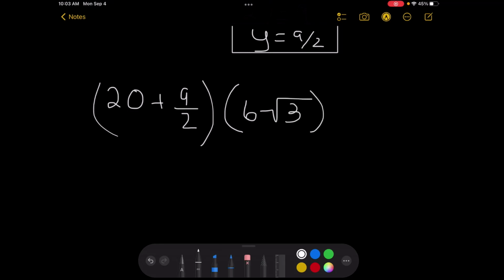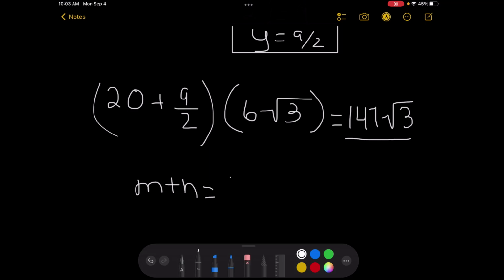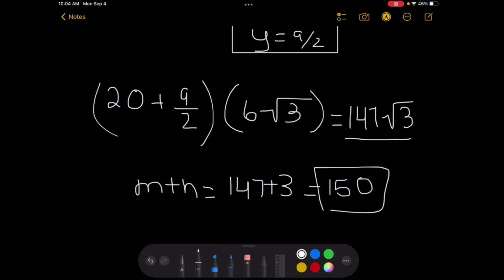And when we multiply this out, we get the area of the parallelogram is 147√3. So our desired answer, m plus n, is equal to 147 plus 3, which is 150. And that's our final answer.